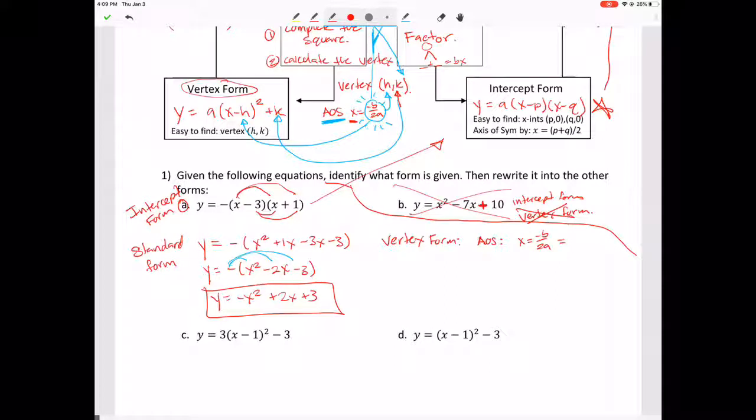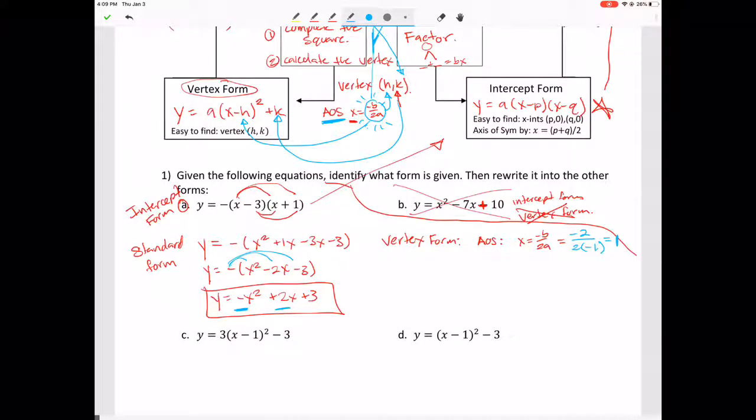B is 2, so negative 2 over 2 times a, which is the coefficient in front of the x squared, a negative 1. That gives us an answer of 1.